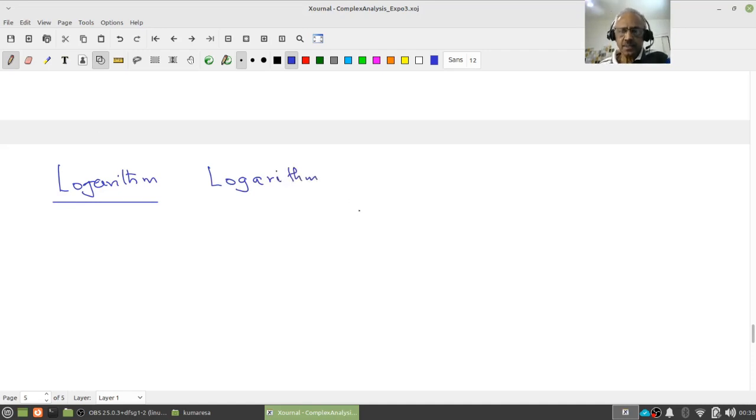Suppose I have a number alpha in C star. A z in C is called a logarithm of alpha if alpha is e power z.